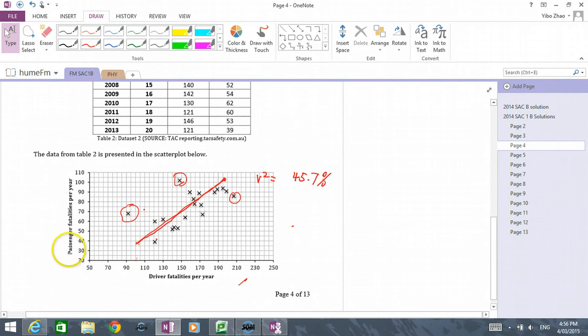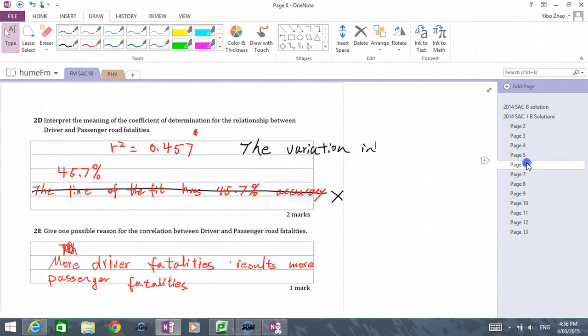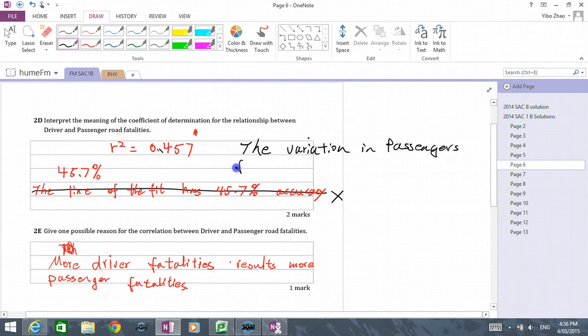If I go there, it is the passenger fatalities per year. So, the variation in the number of passenger fatalities per year.